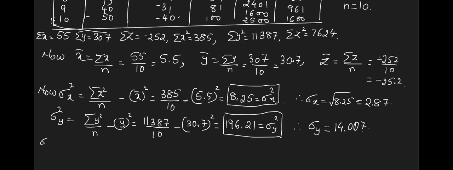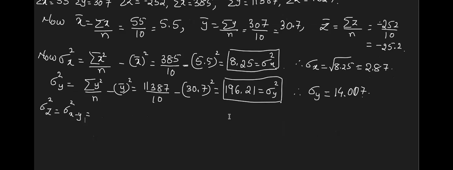Sigma square z is nothing but sigma square x minus y. This is important because in the formula we don't have sigma square z. Or else you write them in reverse, that is far better. This is sigma square x minus y, which is sigma square z. The formula will be the same.